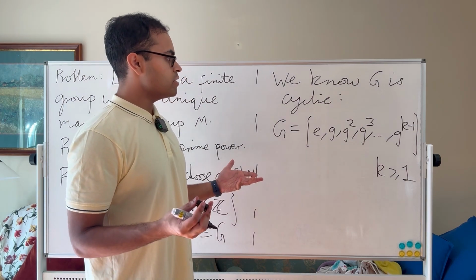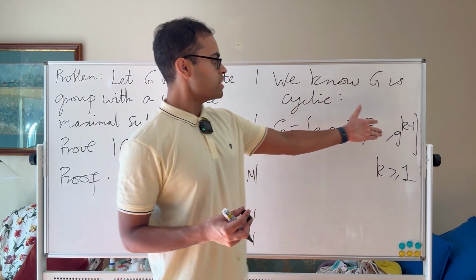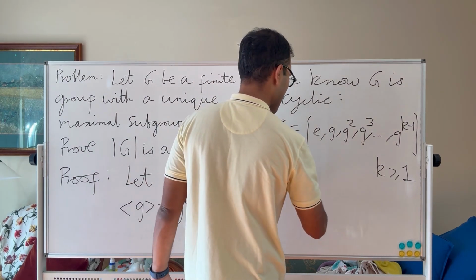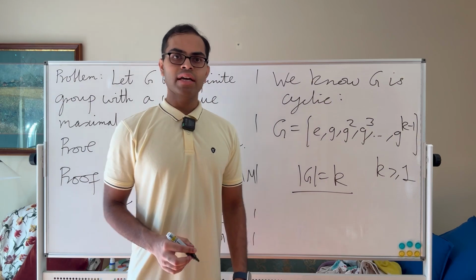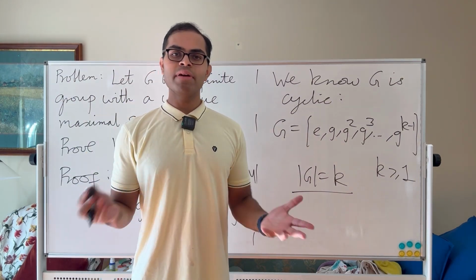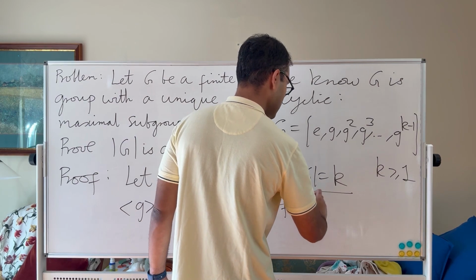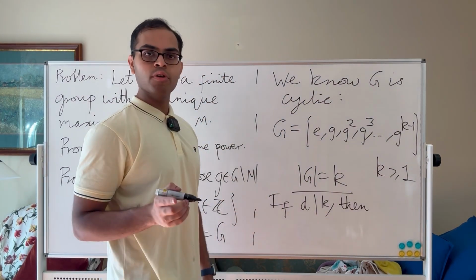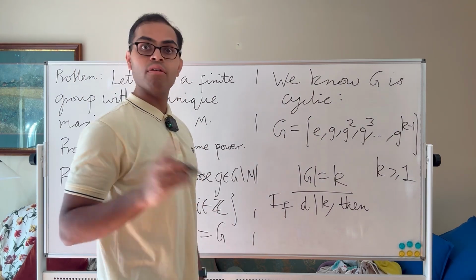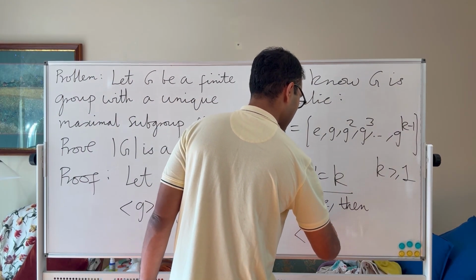And now we know that G has this form. Well, what we can do is understand subgroups of G. If k is now the order of the element, then the cardinality of G is equal to k. We want to show this is a prime power. If it's not a prime power, then use the fact that if d is a divisor of k, we can look at the subgroup generated by g to the power k over d.